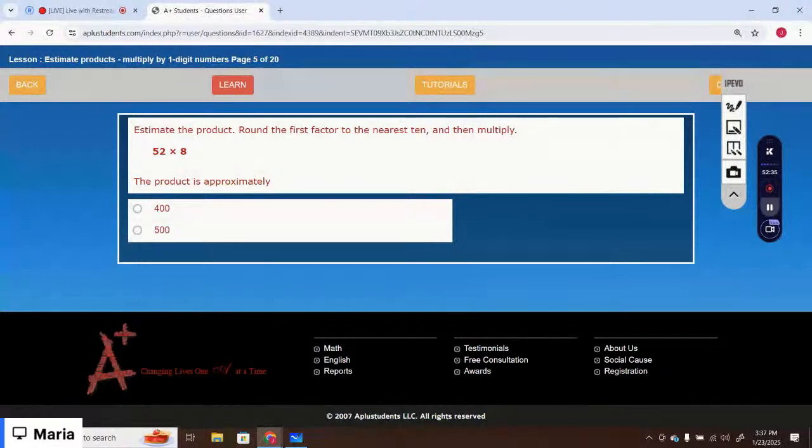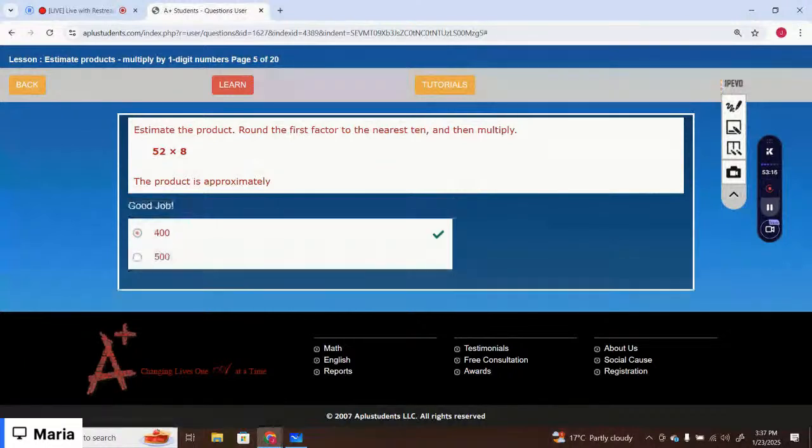52 times 8, which is the correct option? That is 400.